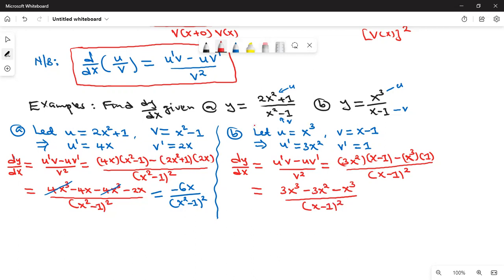We can simplify. You see, 3x cubed minus x cubed is 2x cubed. So this should give us 2x cubed minus 3x squared, everything over x minus 1, and this is squared.